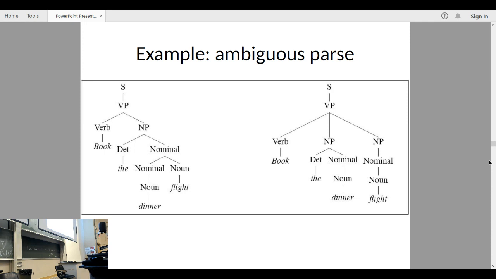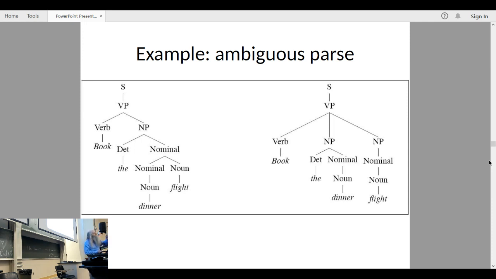So imagine that there was a student called Flight. Okay, that's her name. And we're going to get them to book a restaurant, and we weren't very sure they were going to book the restaurant for dinner or for lunch. But what I could do is say to the student, book the dinner flight.